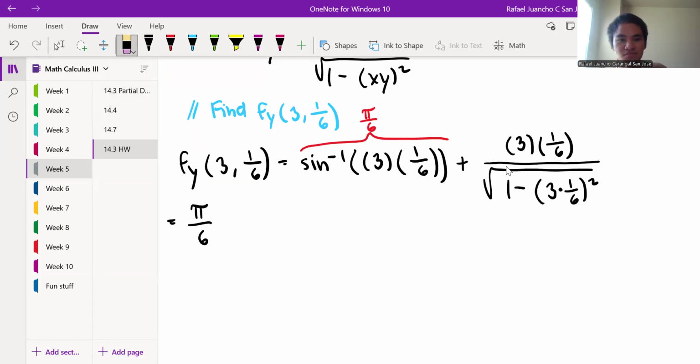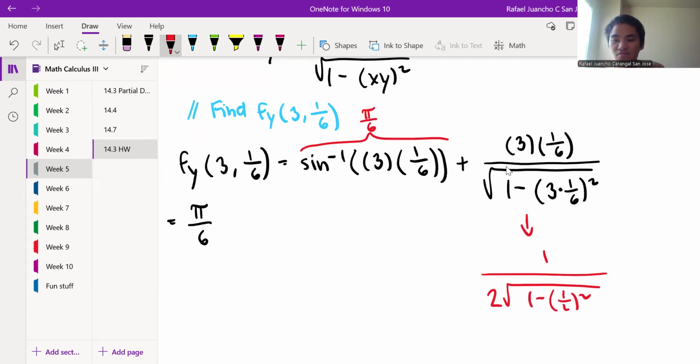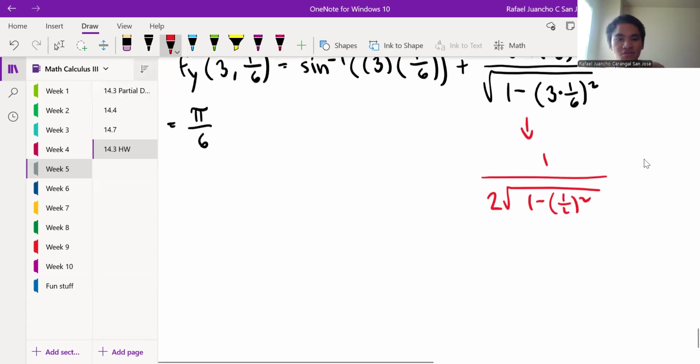What else do I do? This one becomes 1/2. So I could say this just becomes like what? 1 over 2 of 1 minus 1/2 squared. And so this is 1/4. This is 4 over 4 minus 1/4.